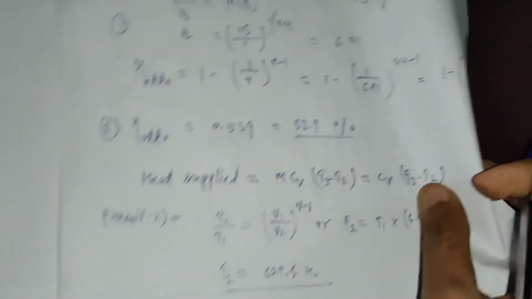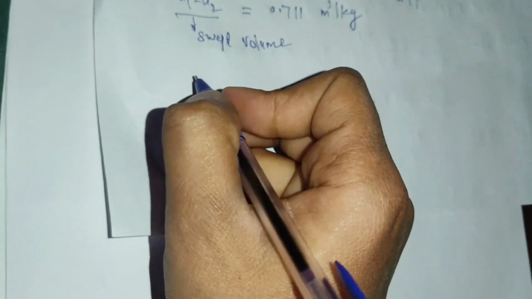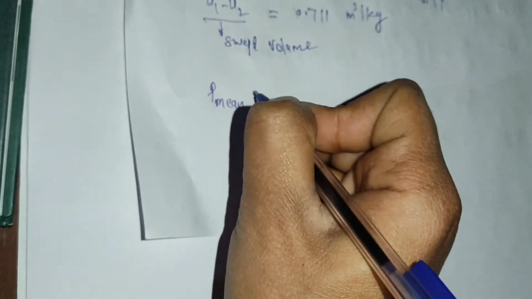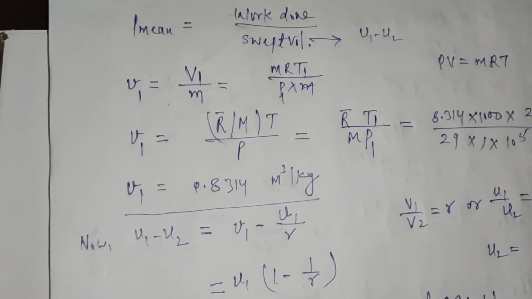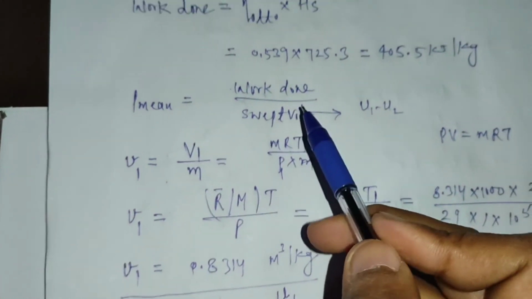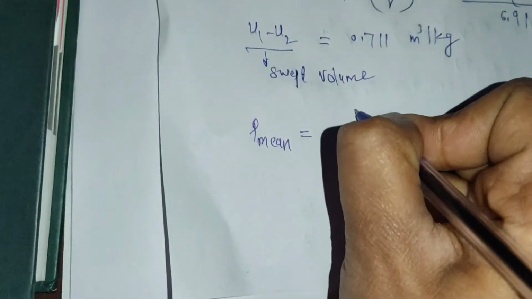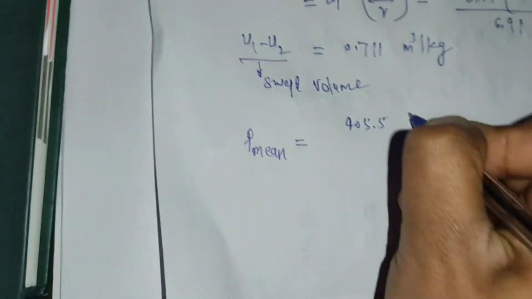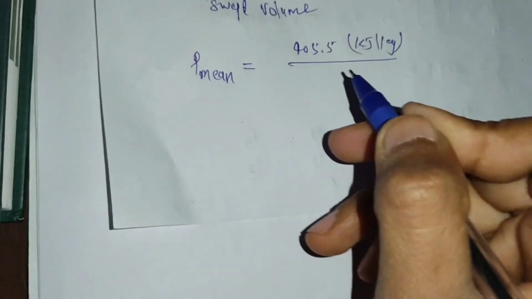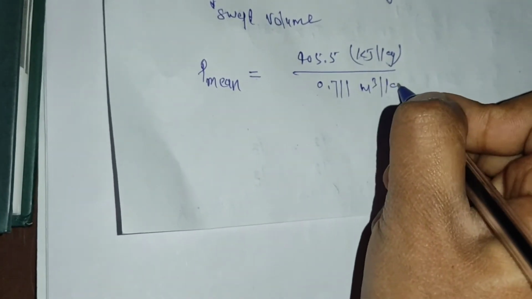So now we will easily calculate the value of mean effective pressure. P mean will be equal to work done upon swept volume. Work done we have already calculated, 405.5 kilojoule per kg, upon swept volume 0.711 meter cube per kg.